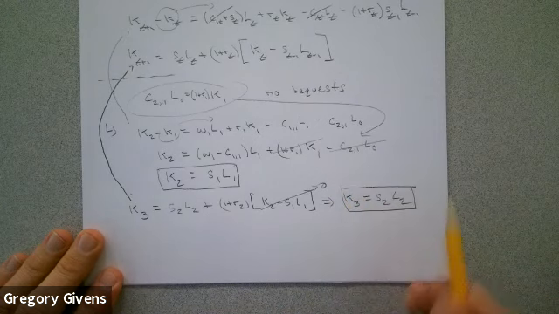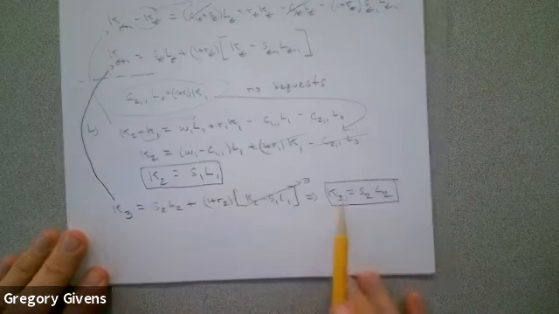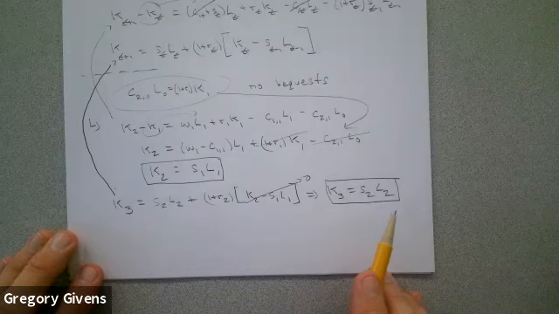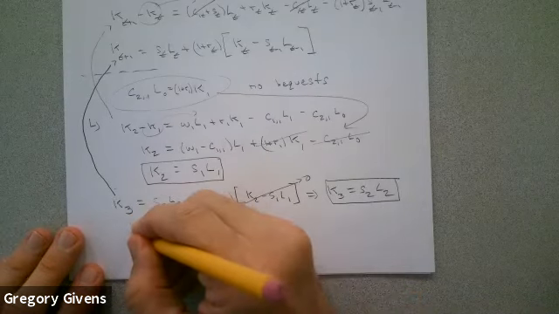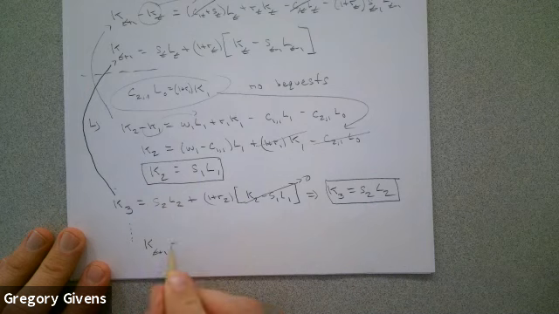You guys see the pattern? K2 is equal to S1L1. K3 is equal to S2L2. You can be sure that K4 is going to be equal to S3L3. So if we were to do this for many, many periods, by induction, we could prove that K(T+1) is just going to be equal to ST times LT.